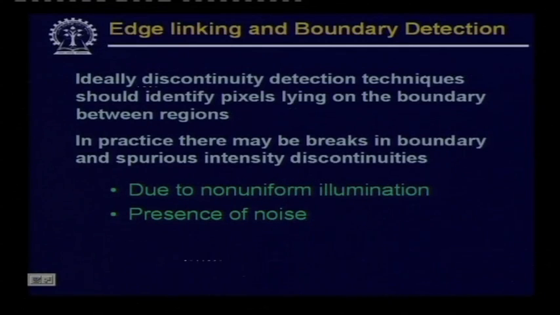Now, this is mainly due to two reasons. The first one is non-uniform illumination of the scene. If the scene is not uniformly illuminated, that leads to detection of edge points where the boundary points will not be continuous. The second reason for getting these non-continuous boundary points is the presence of noise.